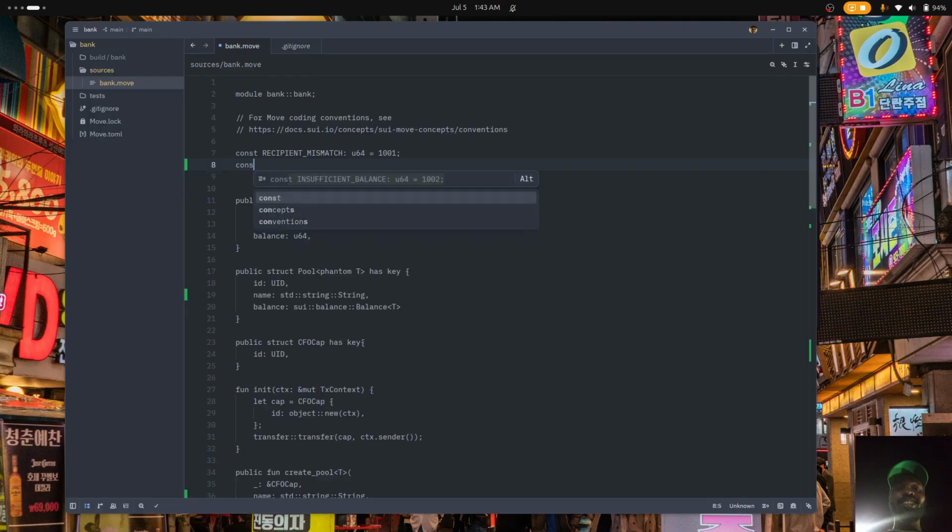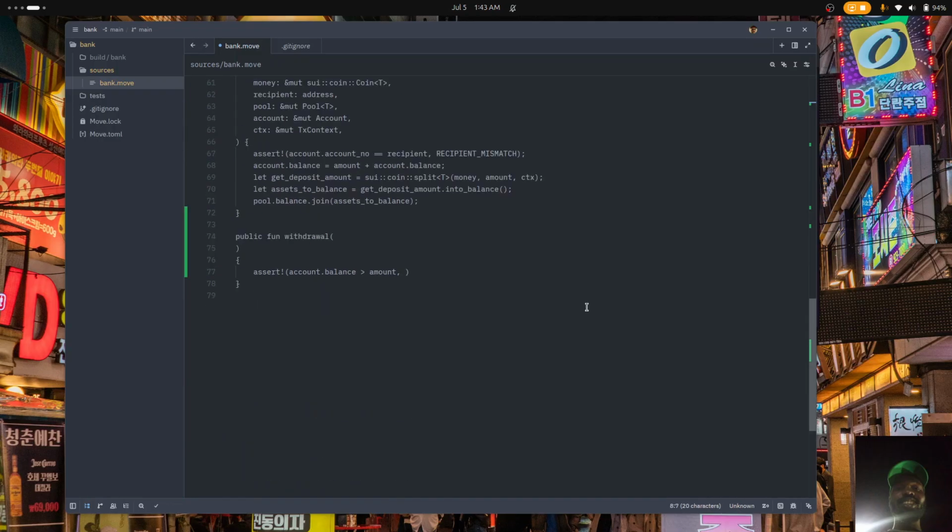I don't know what to call this right now. So this is cool: insufficient balance. So I want to come here and say insufficient balance. That implies that I need to pass in an amount, which is a u64, and an account.